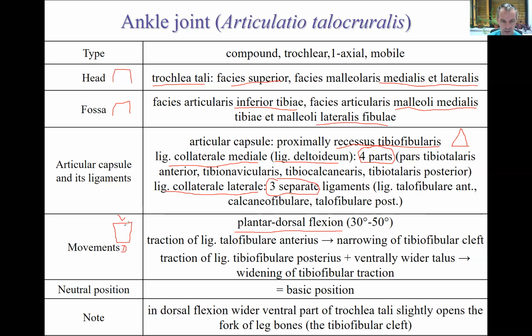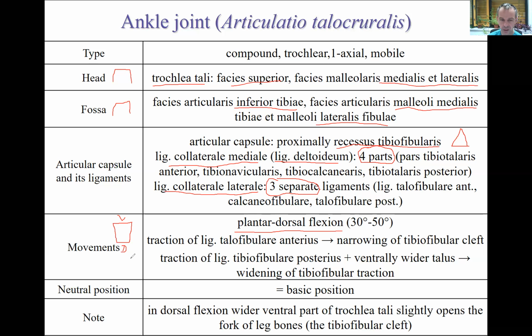So the trochlea is wider ventrally than dorsally. So during plantar and dorsal flexion, so during the movement ventrally and dorsally, we narrow and enlarge the tibiofibular cleft, due to the wider talus.